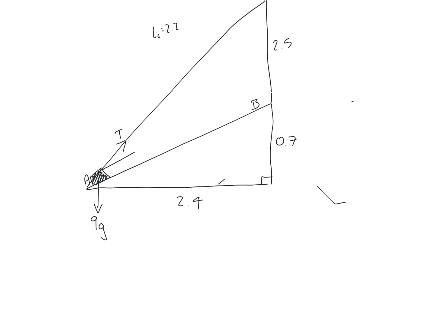Not sure. Okay, I think we're going to pick that angle as alpha, and then I'm going to pick that whole angle, which might be a mistake, but we'll go with that as beta.